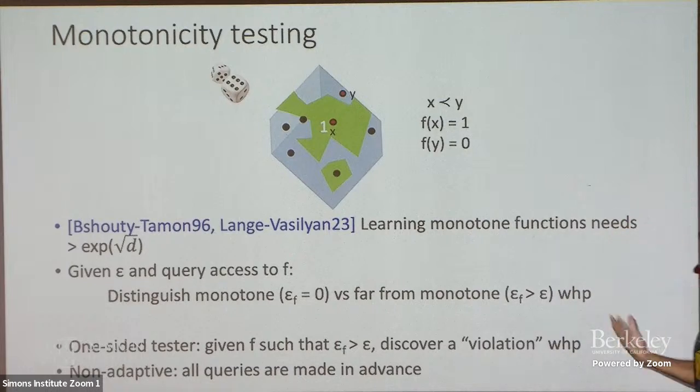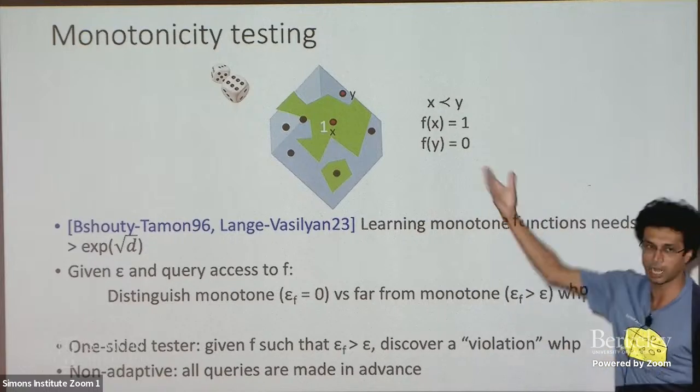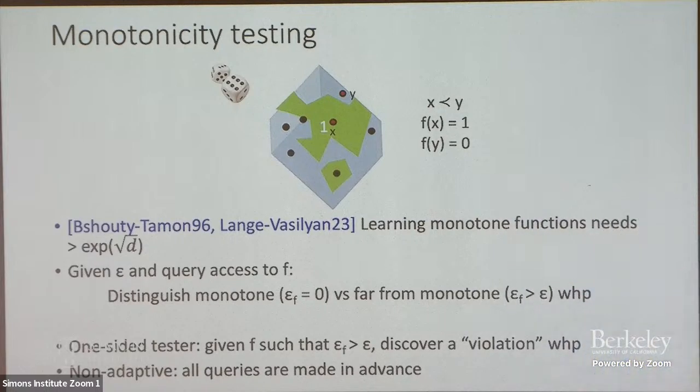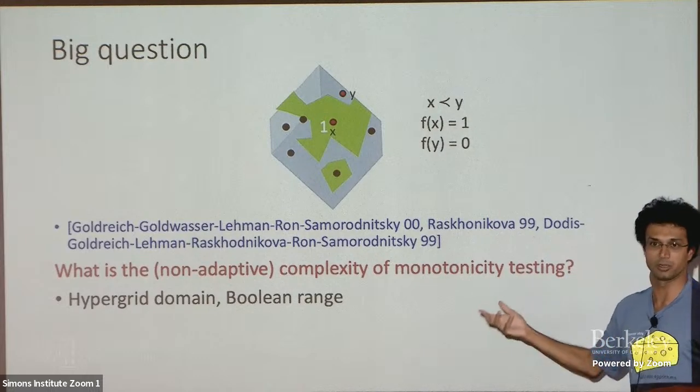Okay? So the aim of a property tester is, you're given a function that's far from monotone. How fast can you find one of these? Right? And that's the problem. And this problem has a very rich and storied history, starting from the papers of Goldreich, Goldwasser, Lehman, Ron, and Samorodnitsky, and then Sofya Raskhodnikova's master's thesis, as well as Dodis, Goldreich, Lehman, Raskhodnikova, Ron, and Samorodnitsky papers around the same time, which were studying the non-adaptive complexity of monotonicity testing.